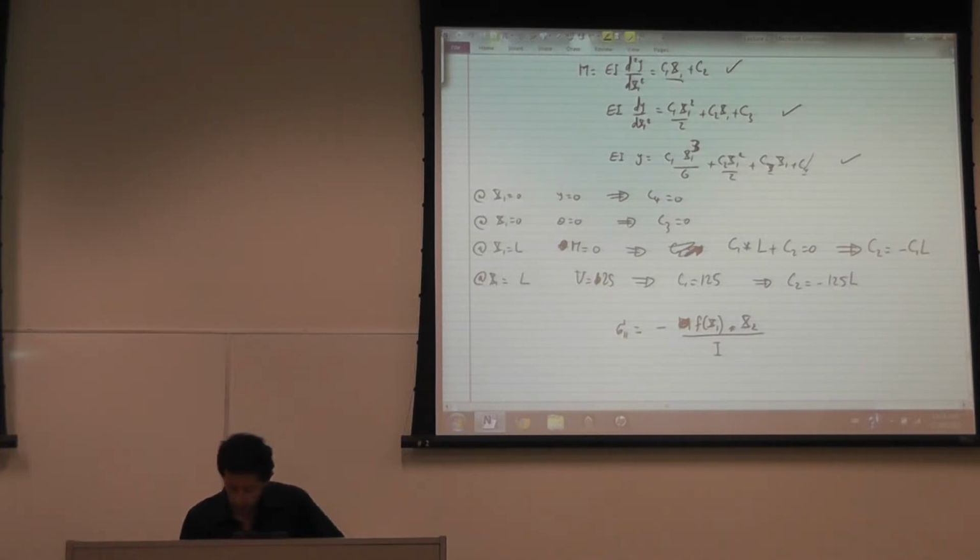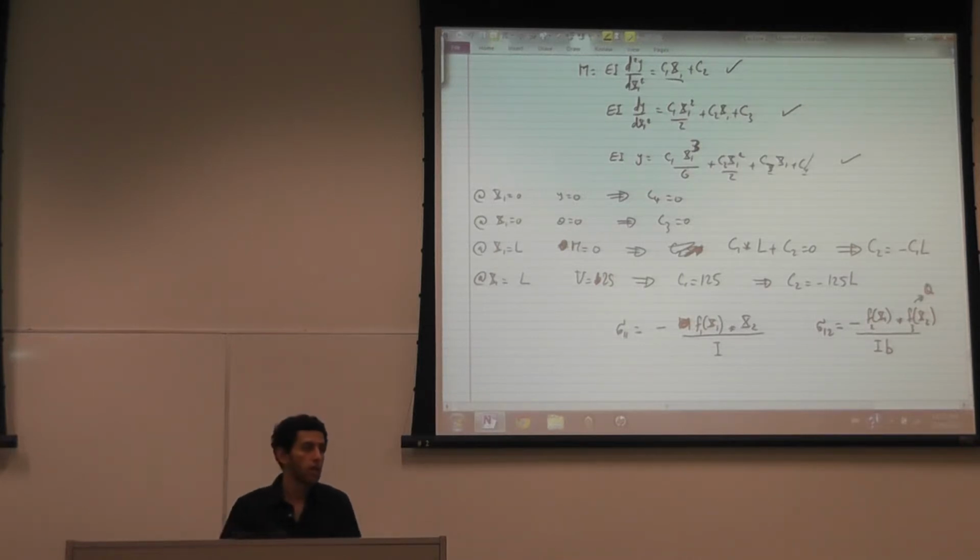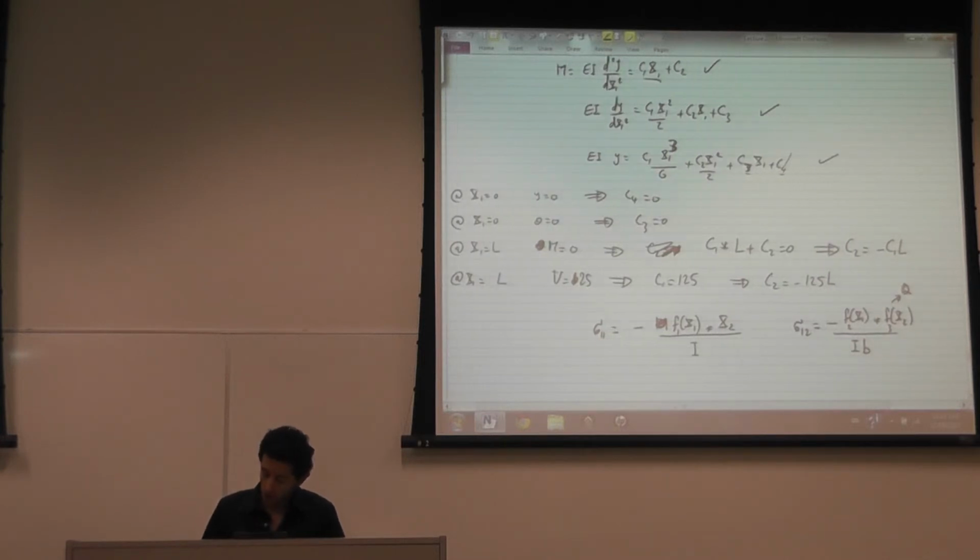And sigma 2 is given as negative the shear, which is a function of x1, divided by IB, which are constant, multiplied by another function of x2, which is your Q, which is the moment of area. And if you don't remember what this is, I will cover it in a moment.